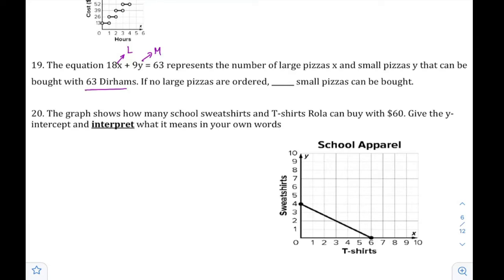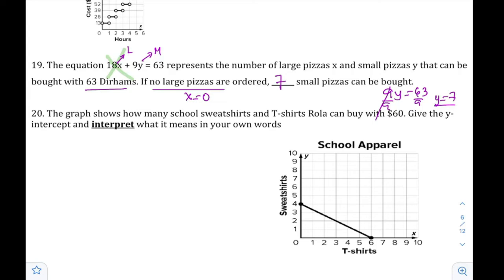If no large pizzas are ordered, which means x is 0, how many small pizzas can be bought? So simply you can cancel the x because it's 0, and you will now solve the equation including the y only. 9y is 63, dividing by 9, so y is 7. And this is the correct one.